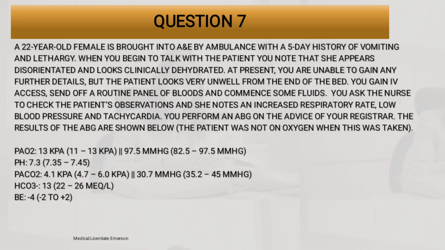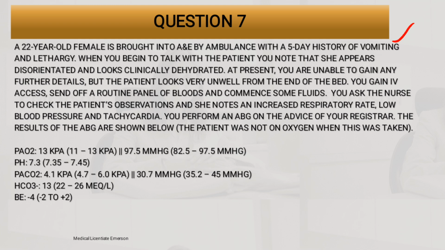Then the question says a 22-year-old female is brought into A&E by ambulance with a 5-day history of vomiting and lethargy. When you begin to talk with the patient, you notice that she appears disoriented and looks clinically dehydrated. At present, you are unable to gain any further details, but the patient looks very unwell.